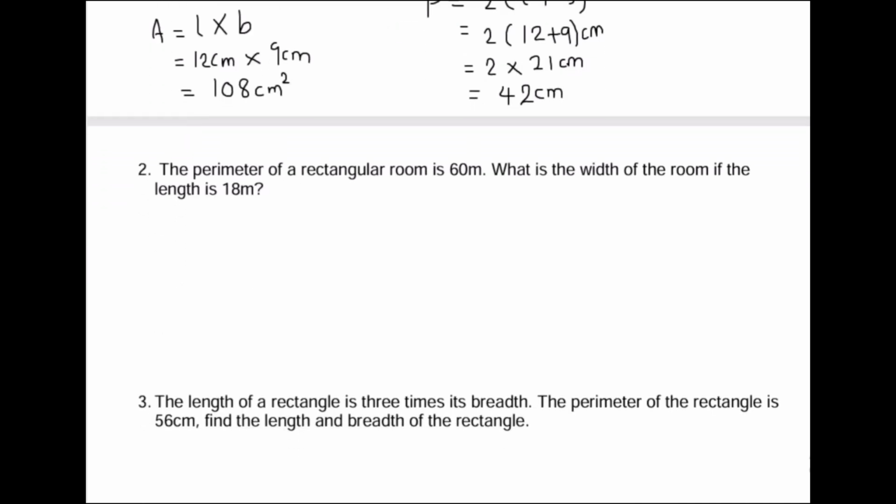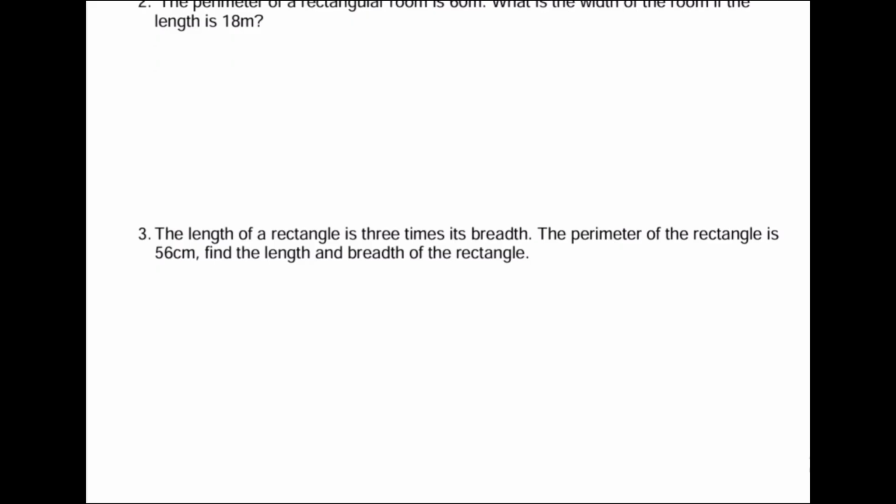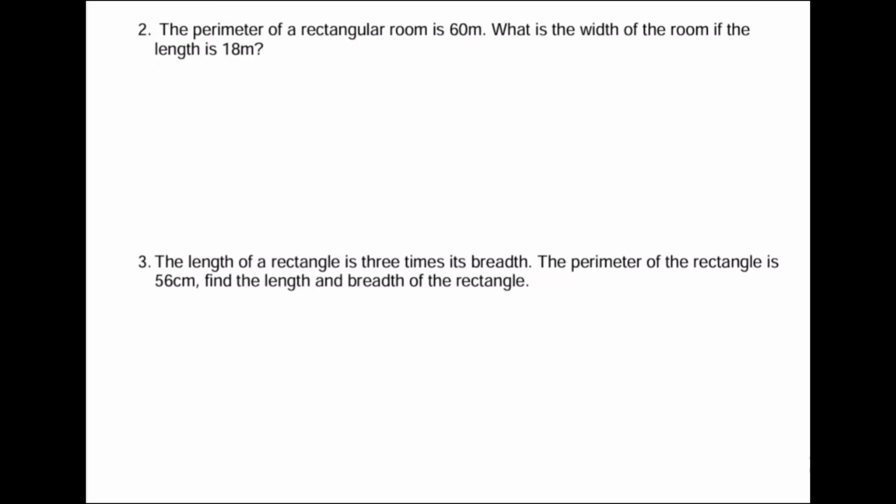The perimeter of a rectangular room is 60 meters. What is the width of the room if the length is 18 meters? So the perimeter, I'm going to write as 60 meters.